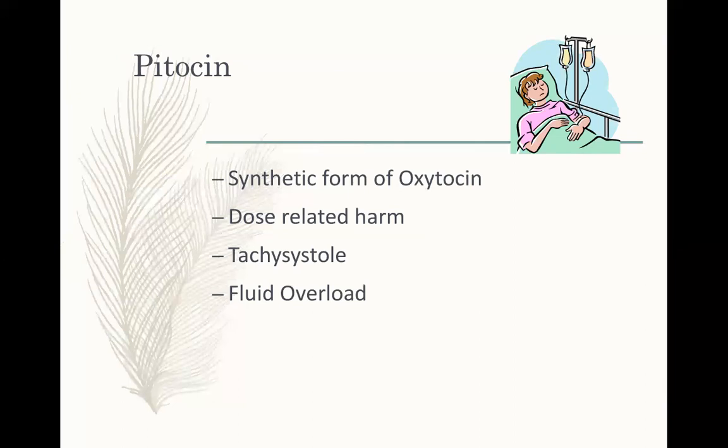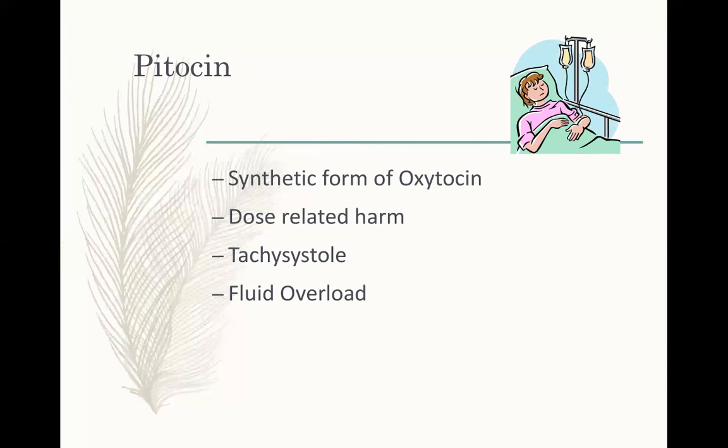We start off really slow. So it's given in milliunits per minute. So we are going to give it very slowly and give minute amounts. The good thing about Pitocin is that it's very short acting.